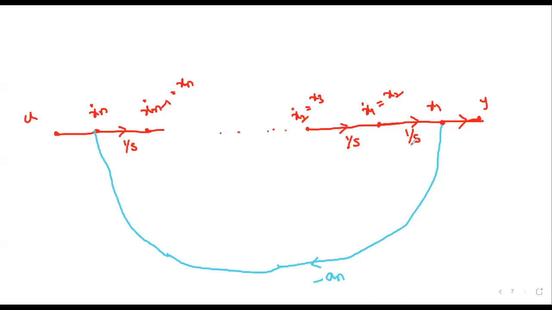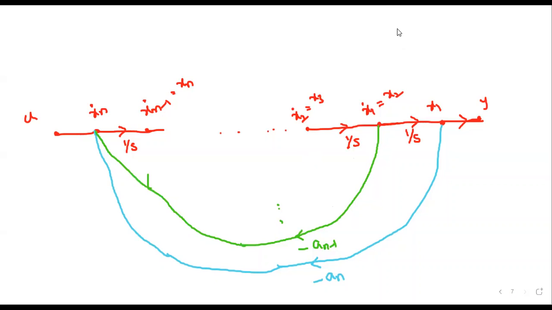Okay. Now from x2 also we have a path, but with the coefficient of minus an minus 1, to the same point. It is minus an minus 1. Okay, and so on. Here we also have x3.